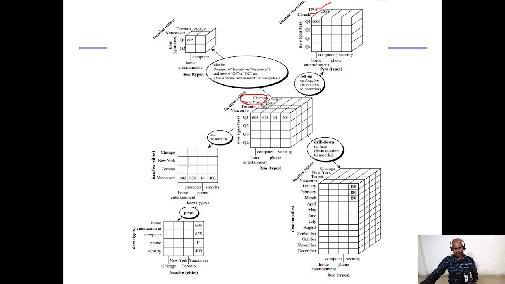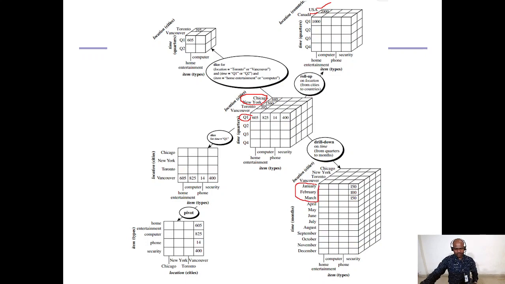Drill down or roll down means we are going to a lower level, or expanding the data cube. For example, here it is quarter 1 data. Quarter 1 is divided into January, February, and March data.